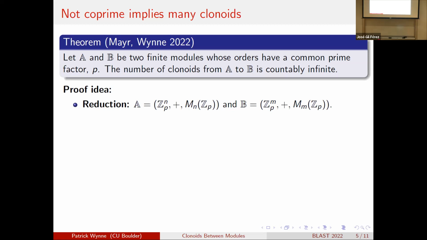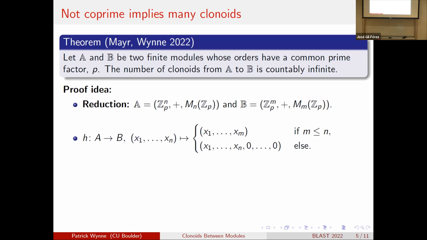The idea is to construct an increasing chain of infinitely many clonoids. If we take a tuple x1 through xn from A, I'm going to truncate it if m is too short, and pad it with zeros if m is too big.